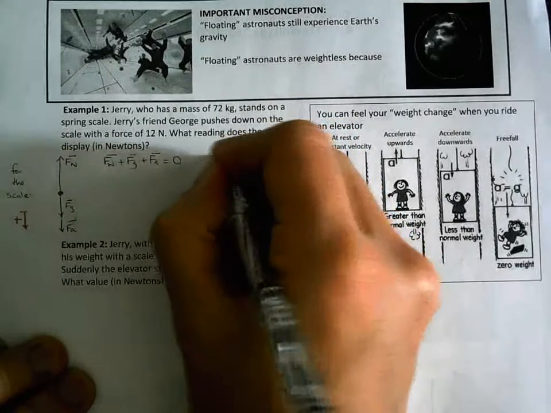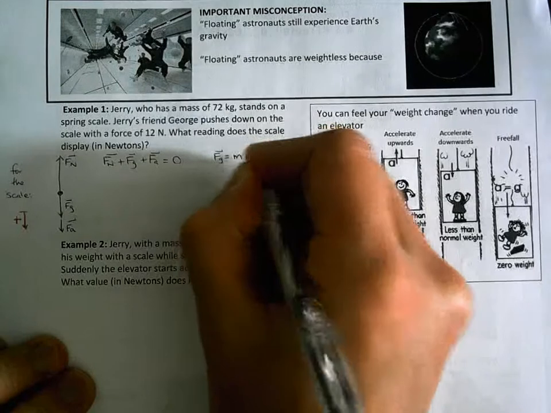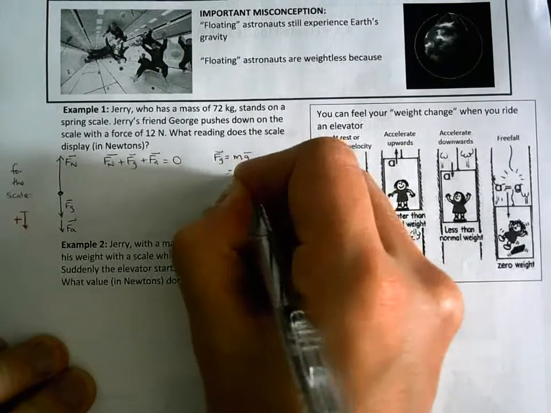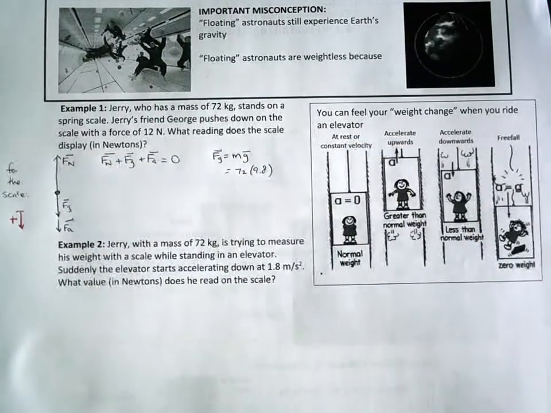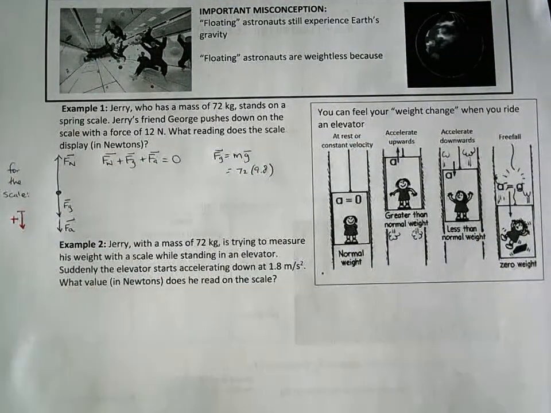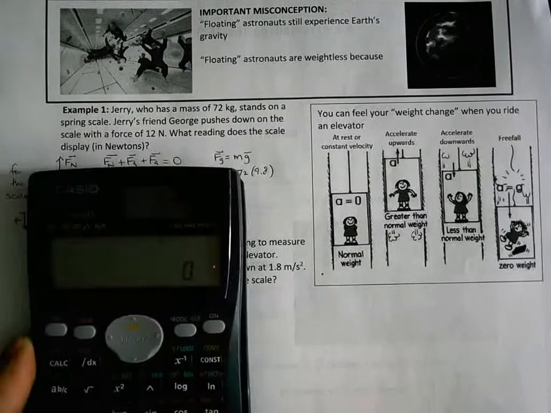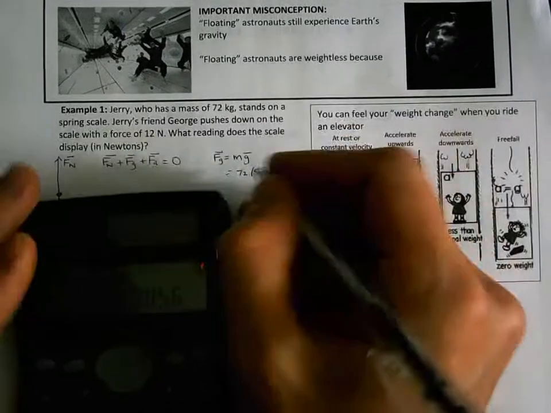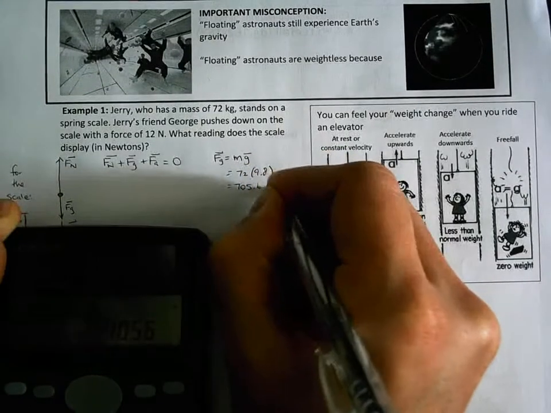So Fg is equal to the mass times the gravitational constant, which is 72 times 9.8. Oh, I forgot my calculator. Let me just get that. Okay. So we have 72 times 9.8, and that gives me 705.6 newtons down.